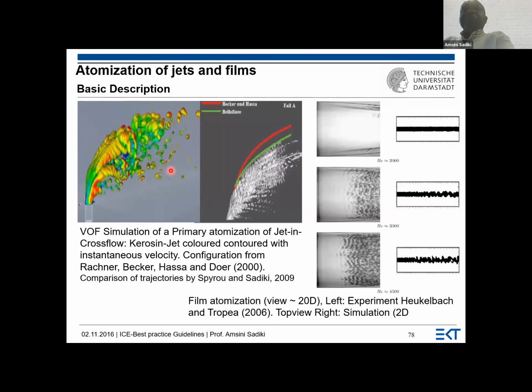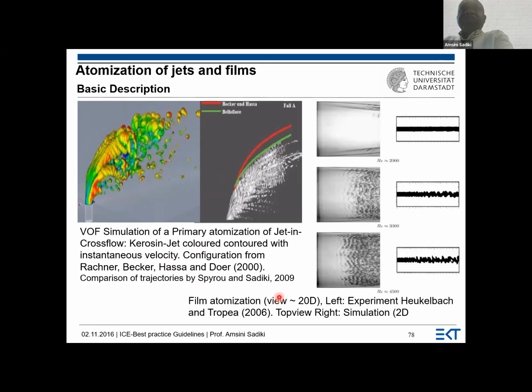We also did in the past the jet in crossflow, a volume of fluid simulation of the primary atomization, and we could compare the trajectory of this jet with experimental data from Becker and from HASAP, from the Aerospace Institute here in Germany.